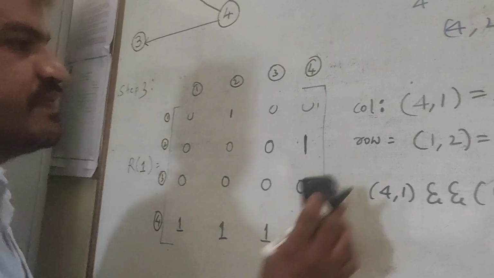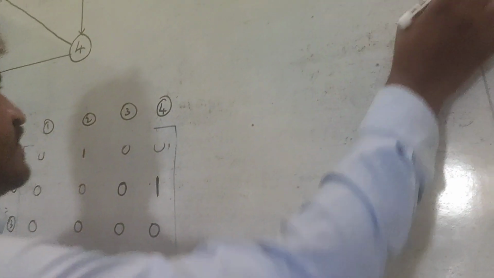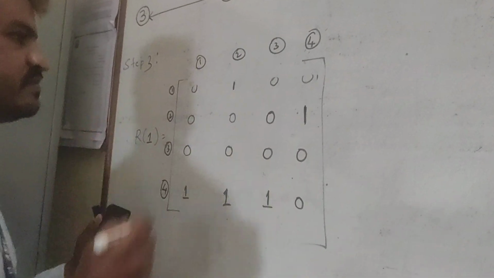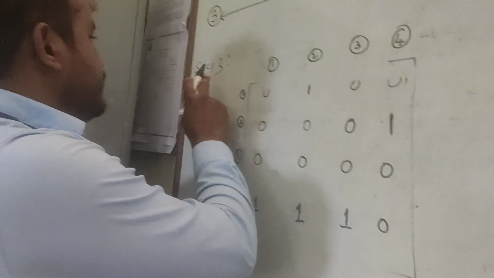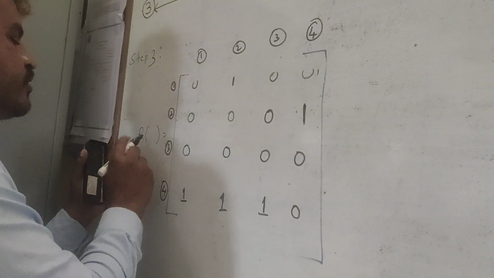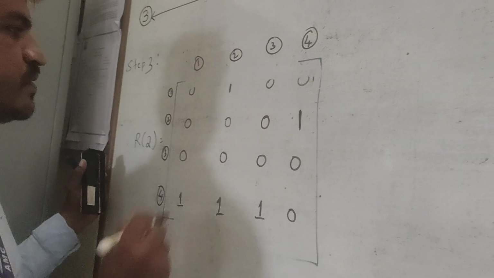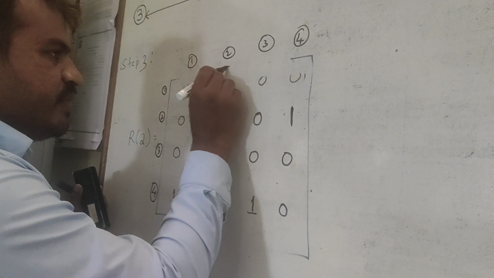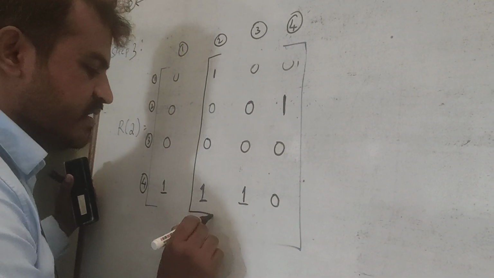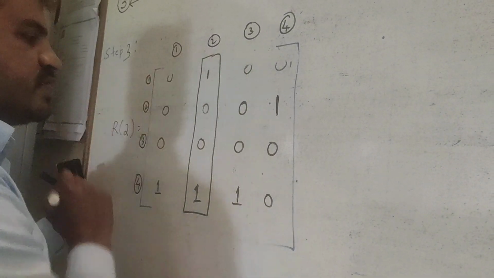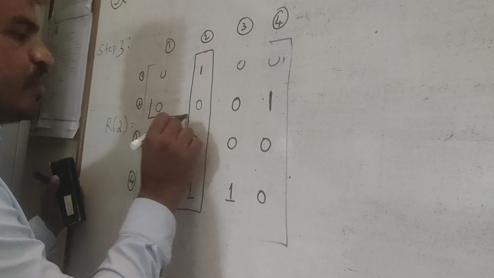Okay, listen here. Step 3, I have to make the intermediate node 2. Vertically, you have to select the second column, and the second row.